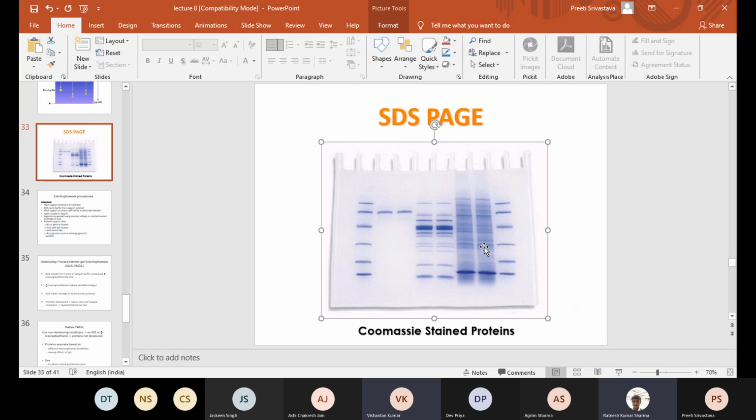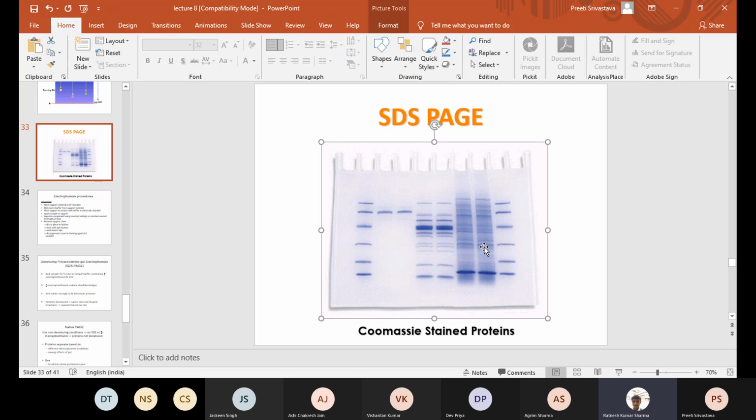Yes, ma'am. We have one question, ma'am. In this case Coomassie is visible, so why do we even have to use a loading dye? I just told you, the loading dye doesn't bind to protein. No, ma'am, but Coomassie is visible, so why can't we use just Coomassie and not use a loading dye?